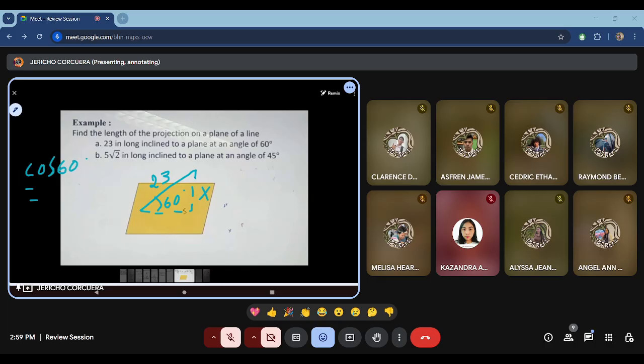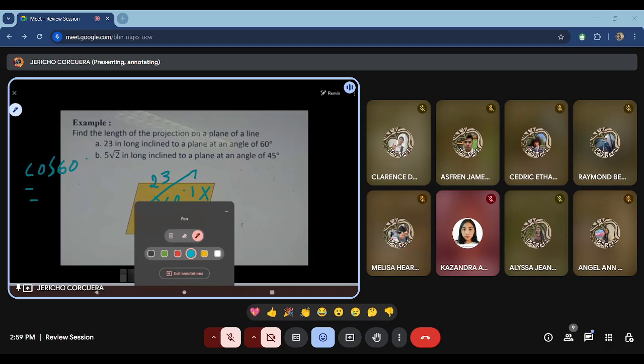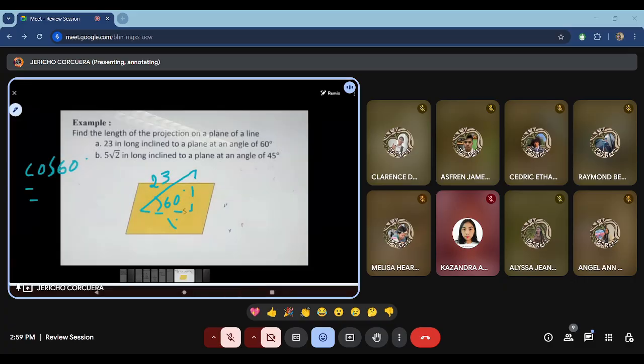We are actually looking for the projection, so I think I labeled it wrong. So x over 23.